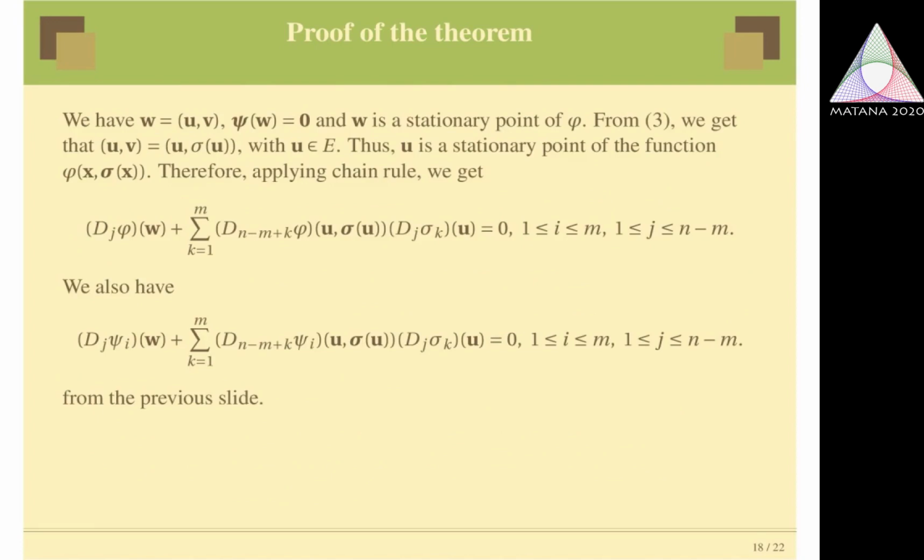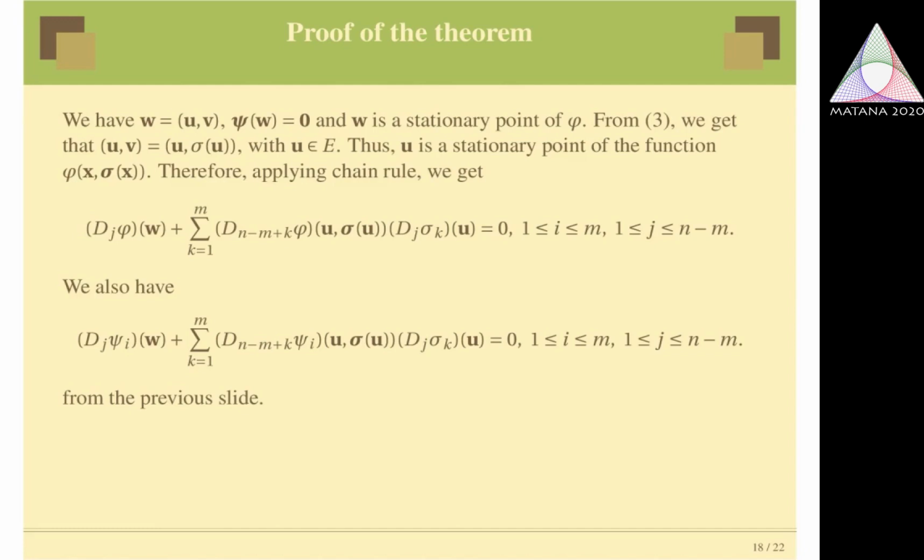Therefore, from an earlier equation we can write (u, v) as (u, σ(u)) with u in E. So, we conclude that u is a stationary point of the function φ(x, σ(x)) where x varies through E. Therefore, the partial derivative of φ(x, σ(x)) with respect to x_j evaluated at u is equal to 0 for all j from 1 to n minus m.